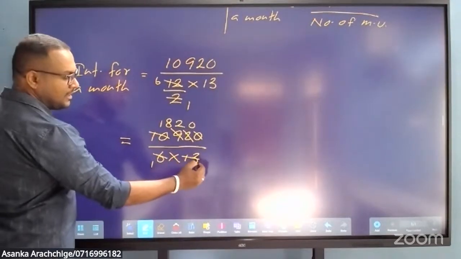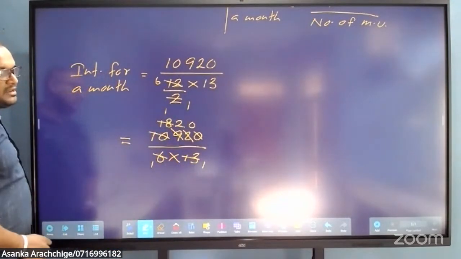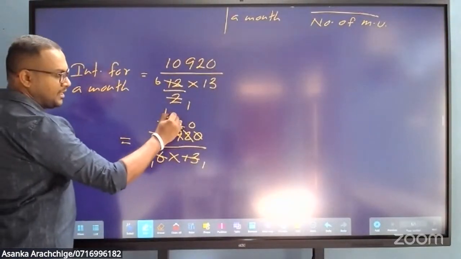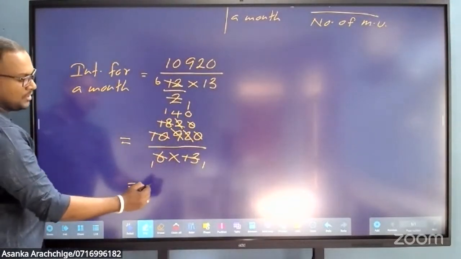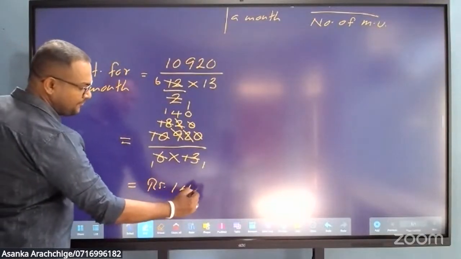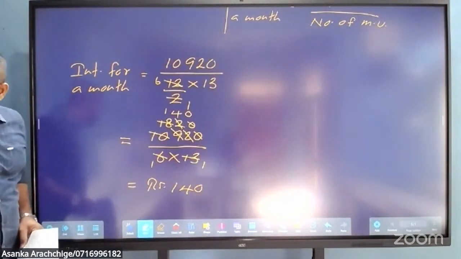Then 13 times 1, 13, and 5 remaining. 5 and 2, 52, 13 times 4 and 0. That is equal to, in rupees, 140. This is the interest for a month.